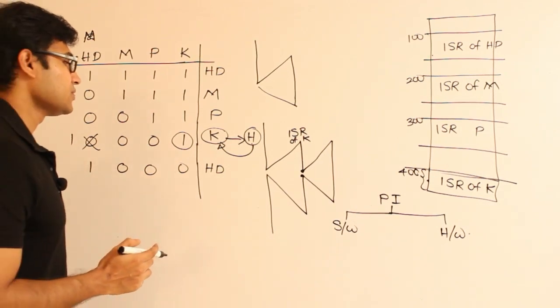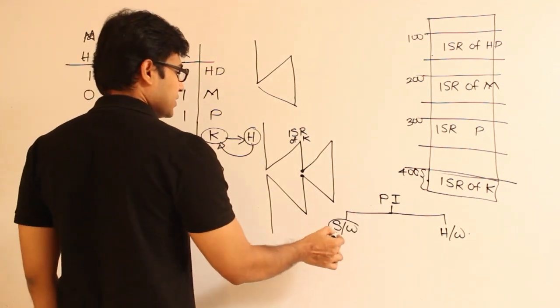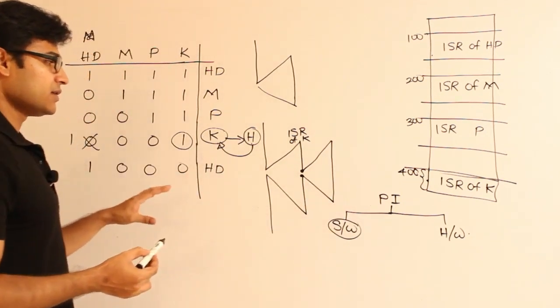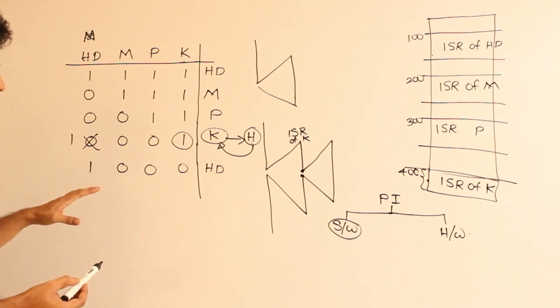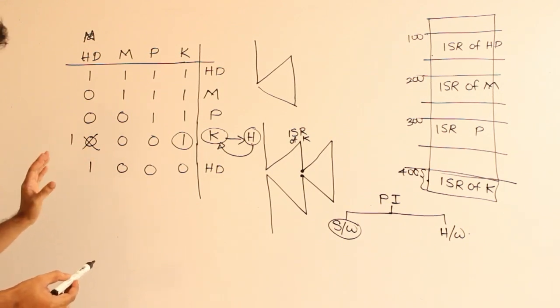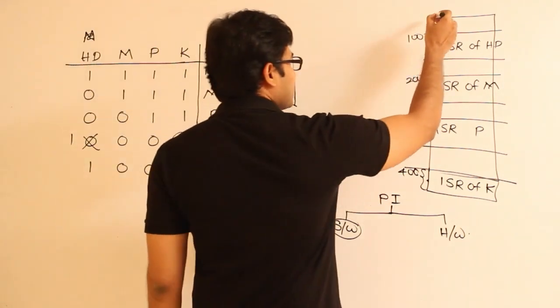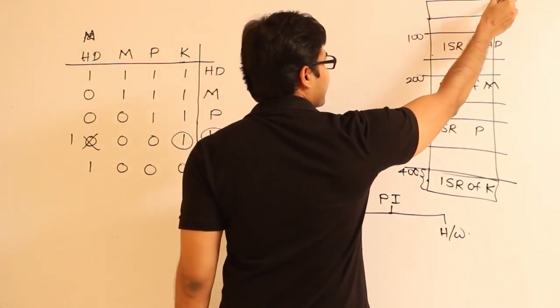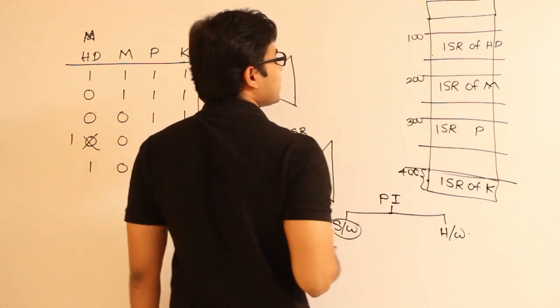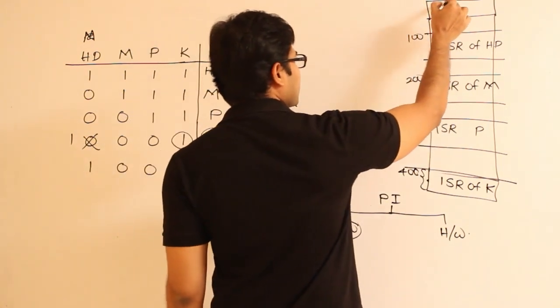Now the software based implementation works like this: whenever the CPU gets an interrupt, it doesn't matter which device we got it from, we'll always branch to a default interrupt service routine.